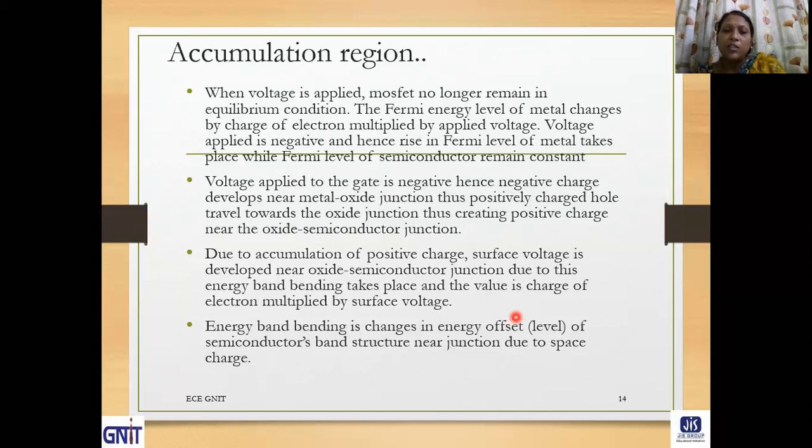Due to this, energy band bending takes place and the value is larger. Value is charge of electron multiplied by surface voltage. Energy band bending is the change in energy offset level of semiconductor's band structure near junction due to space charge.